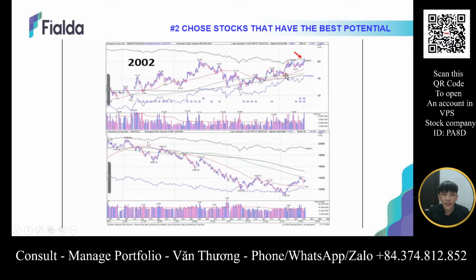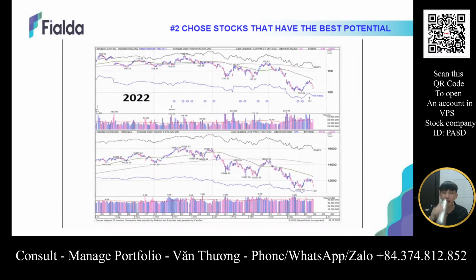And Amazon formed a cup with handle here, and it broke out of the base with gigantic volume, and that was a leader stock in 2002. But right now, look at Amazon in 2022.